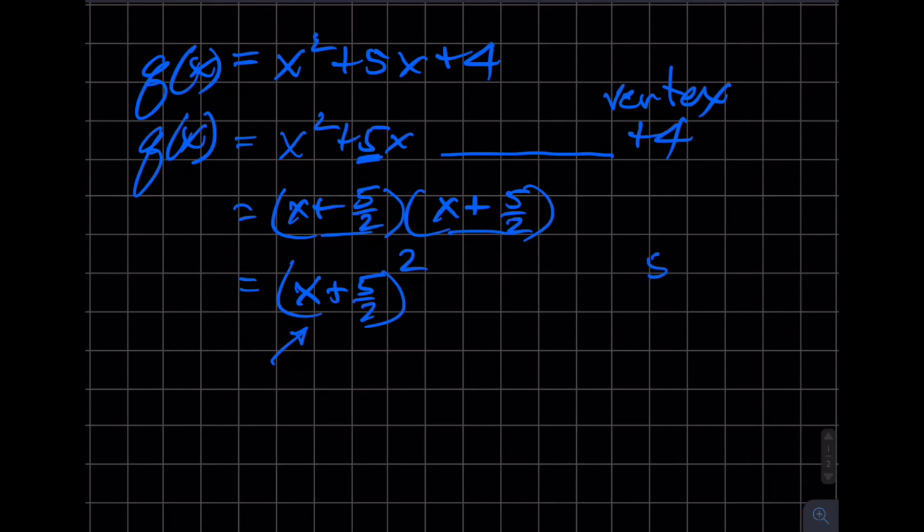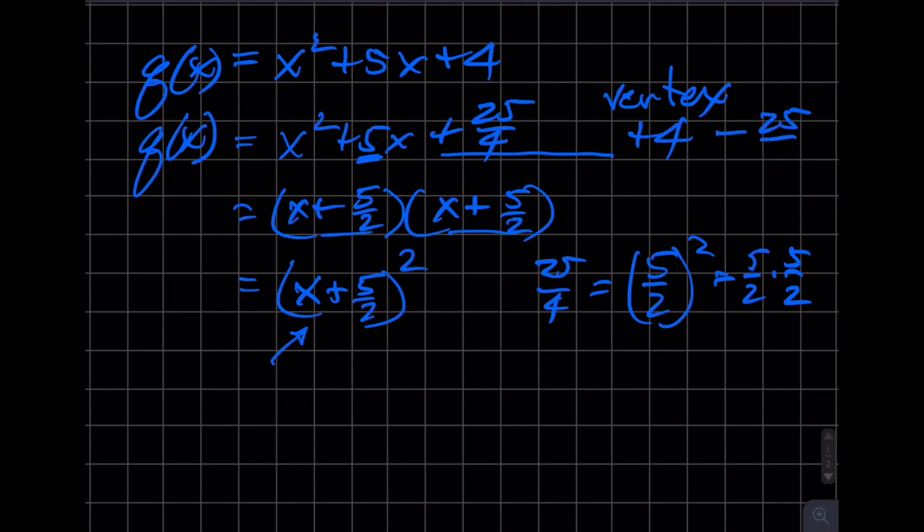Well, I have to take 5 halves and square it, which means 5 halves times 5 halves, which means I get 25 over 4. And so I'm going to add 25 over 4 to the right-hand side of the equation, which means I'm going to have to subtract 25 over 4 from the right-hand side of the equation as well. Or again, you could add it to the left-hand side.